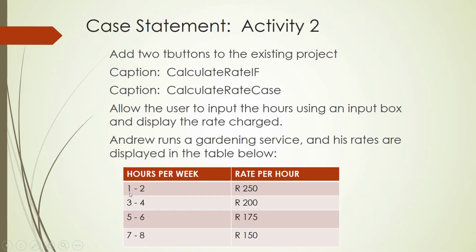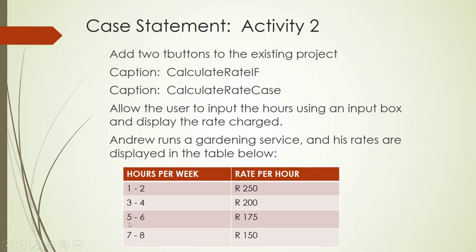If his employee serviced your garden and the time taken was between 1 and 2 hours, inclusive, Andrew will charge 250 Rand. If the garden service was between 3 and 4 hours, both inclusive, Andrew will charge 200 Rand.